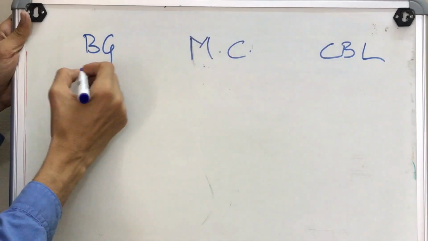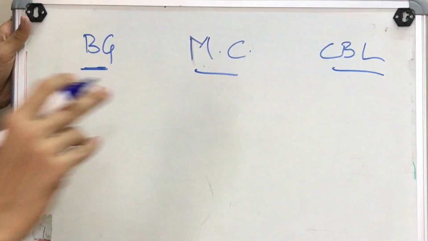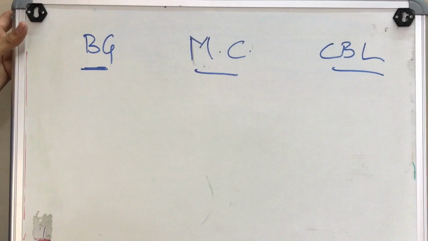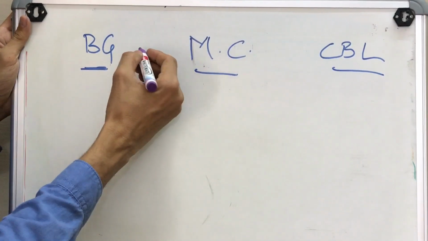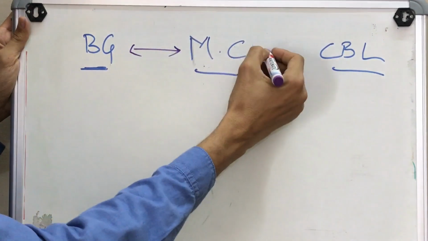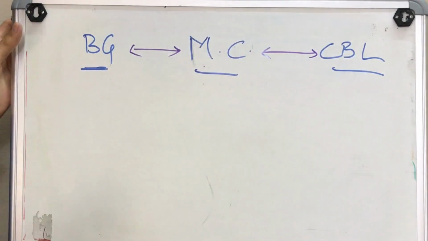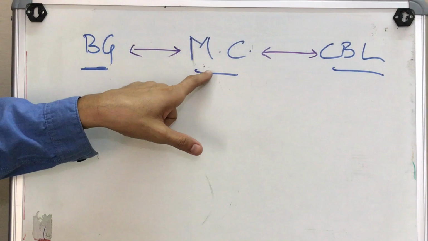So these three parts are the ones involved in planning and programming a particular type of voluntary movement. They interact with each other, and the final decision maker is the motor cortex.